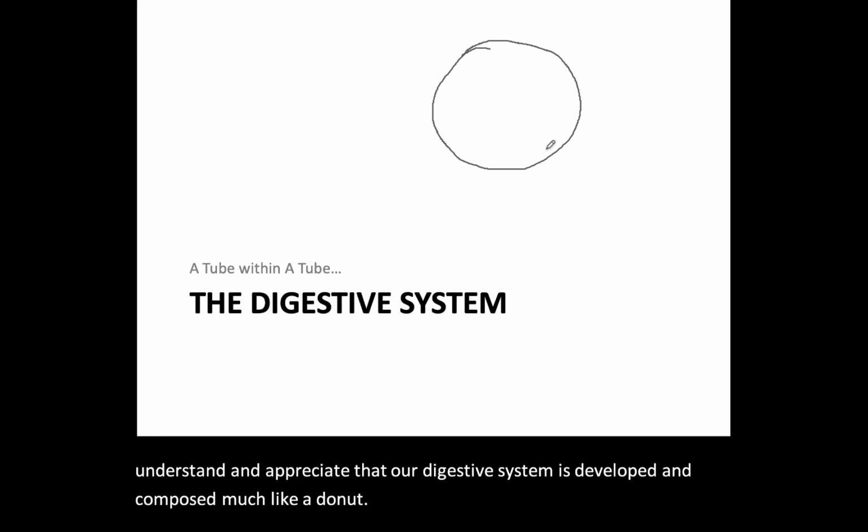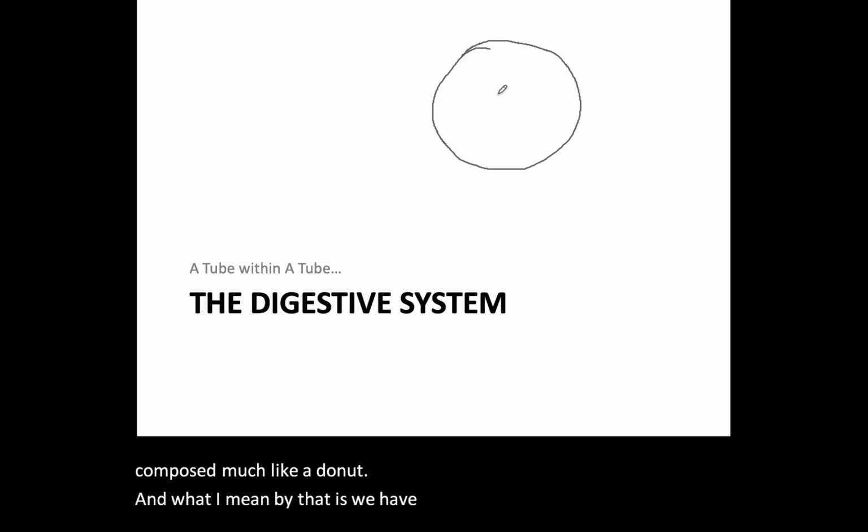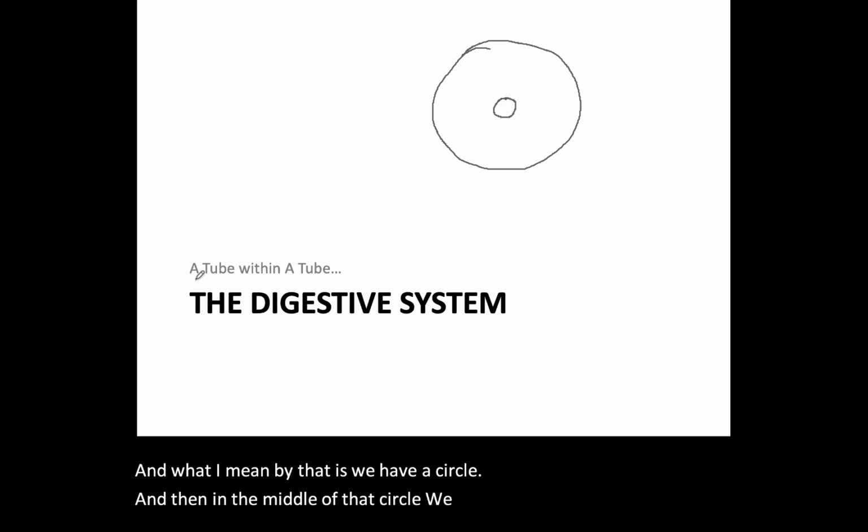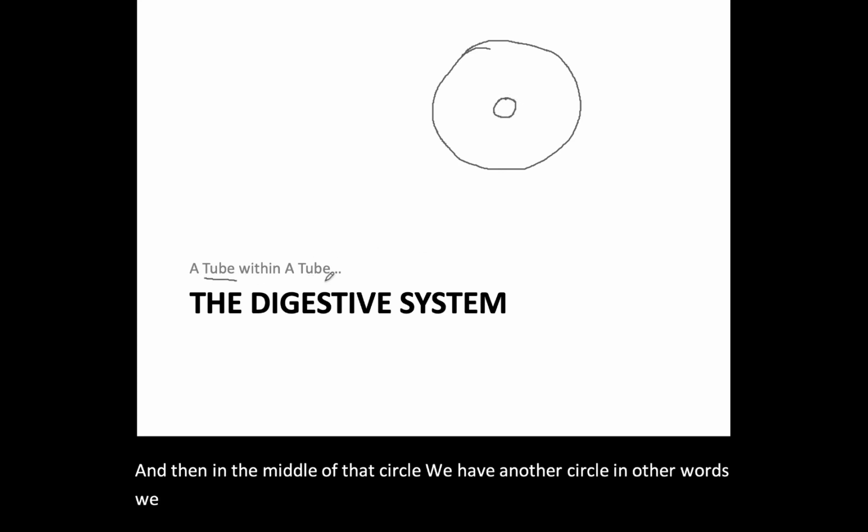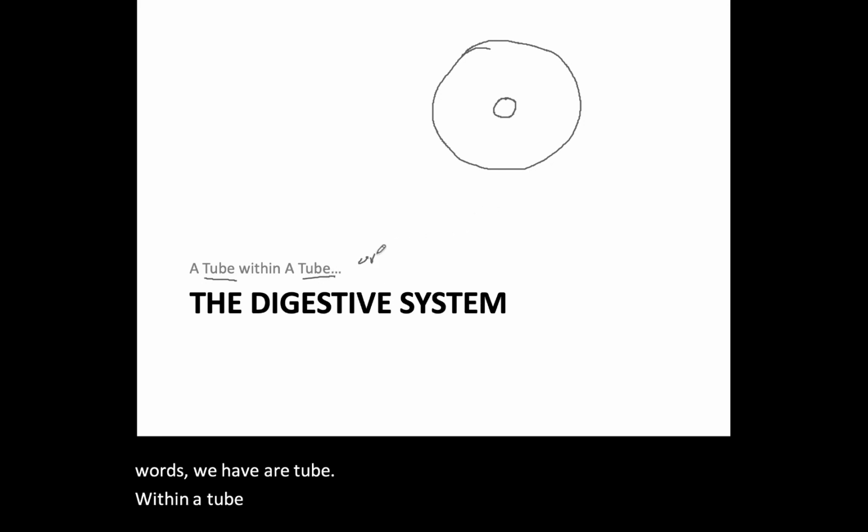And what I mean by that is we have a circle, and then in the middle of that circle, we have another circle. In other words, we have a tube within a tube, or we have ourselves a donut.